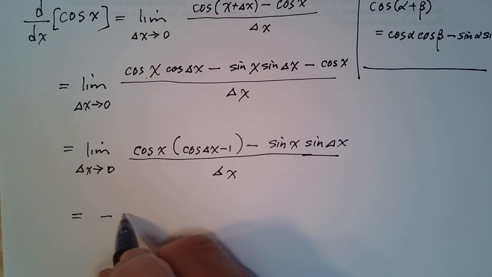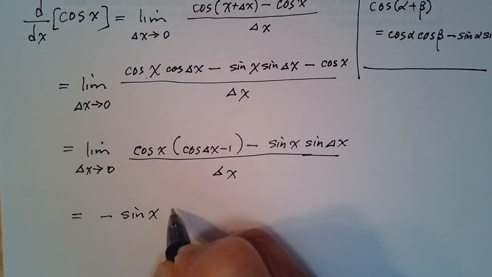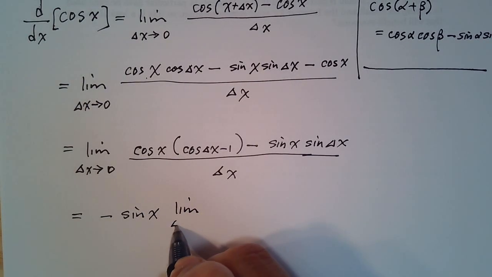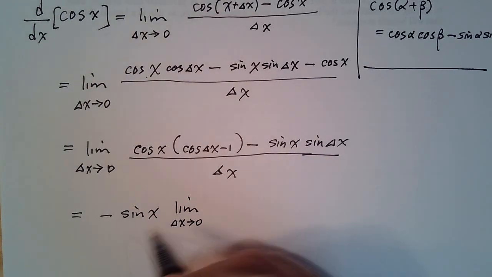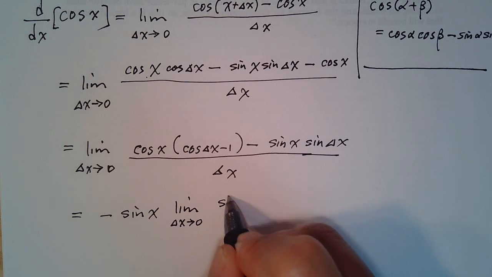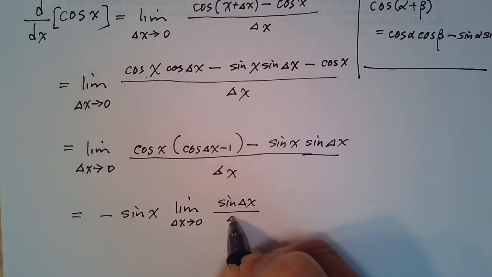So I got negative sine x times the limit as delta x approaches 0, and the numerator is, because the sine x is out, sine delta x over delta x.